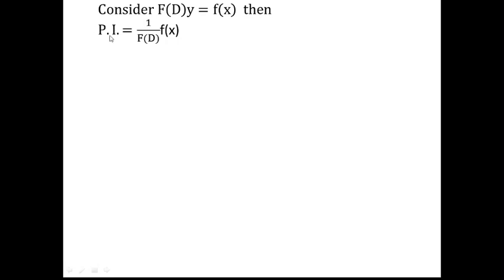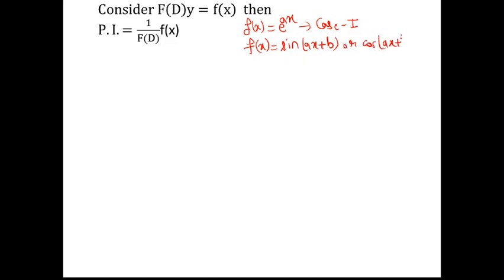If we have function f of x as e power ax, then case 1 is applicable, and when the function f of x is of the form sine of ax plus b or cos of ax plus b, then case 2 is applicable.